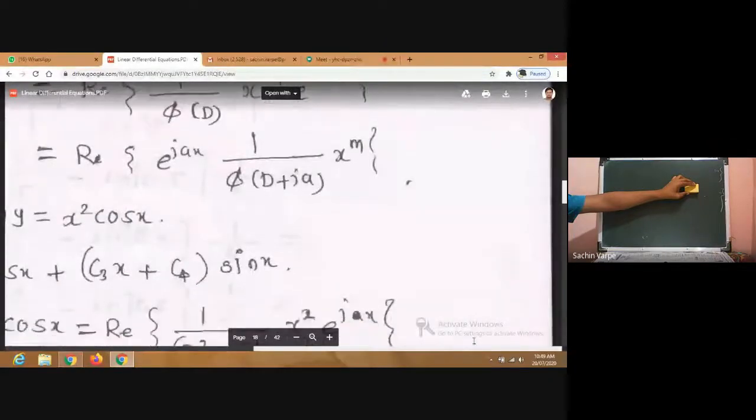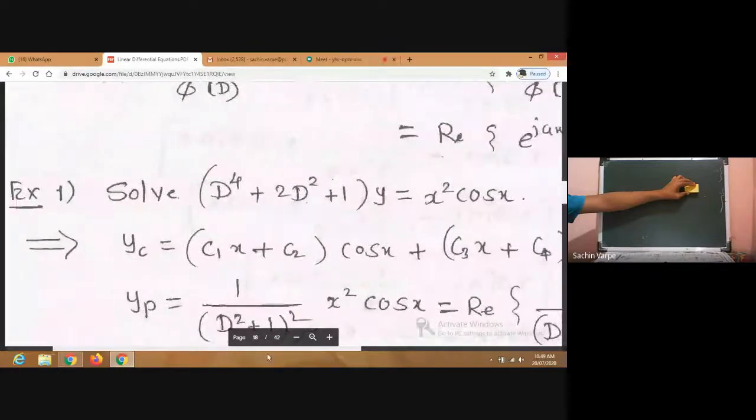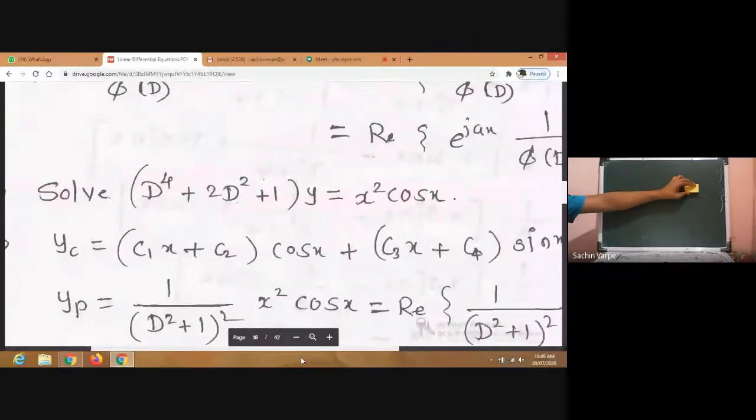Is it? So let us solve this. D raised to 4 plus 2D square plus 1 times y is equal to x square cos x.